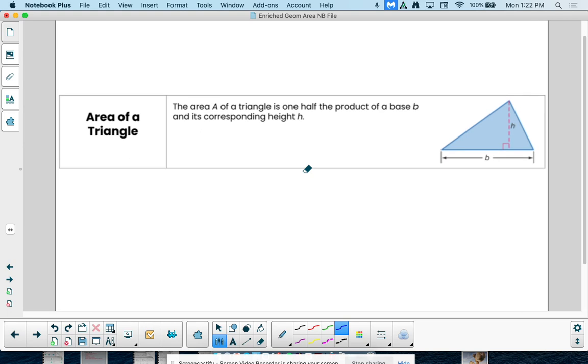Okay, triangles now. We're moving on. How do you find the area of a triangle? Base times height. If I have a rectangle, divide by 2, right? How many triangles are there? 2. So base times height divided by 2.